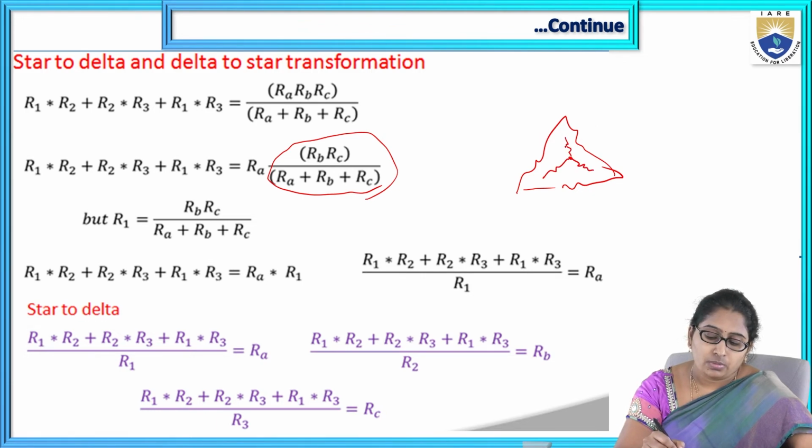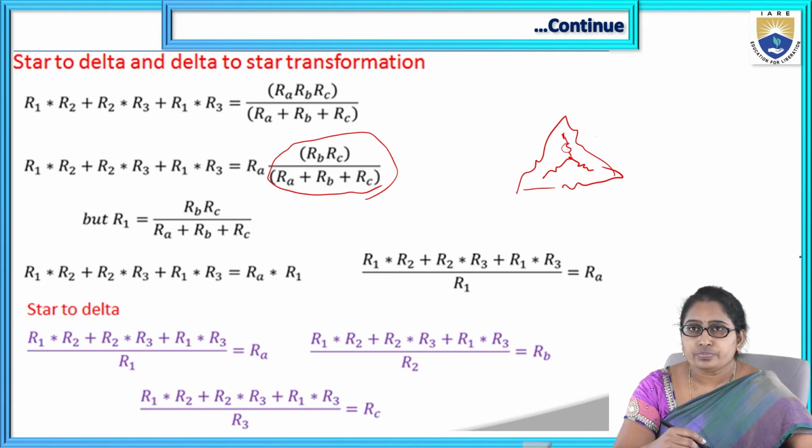The star element value is given by the product of its adjacent delta elements divided by the sum of the three delta elements. If you remember that, then it's easier to write the derivation also.